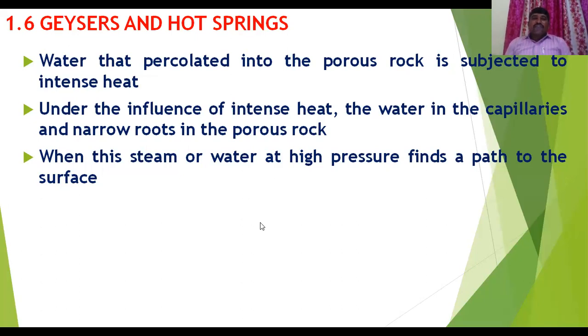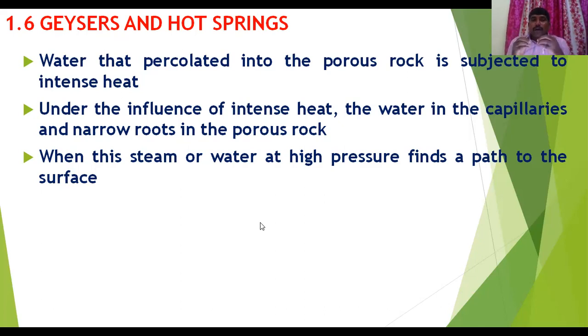Under the influence of intensive heat, the water in the capillaries and narrow roots in the porous rock undergoes intensive expansion and gets converted to steam, resulting in high pressure coming onto the surface.